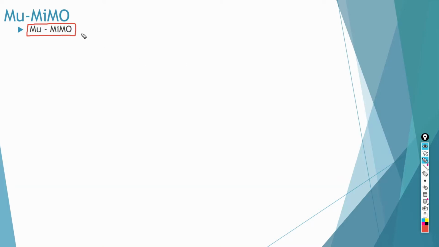But what is MIMO? MIMO, as per the book definition, is a sophisticated form of antenna diversity. Someone might say, I didn't understand the first term, and now you're giving another term.